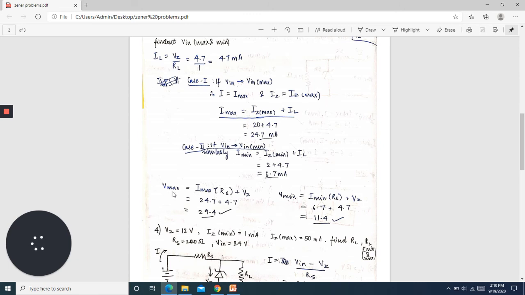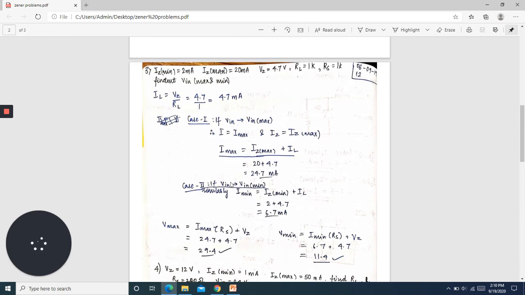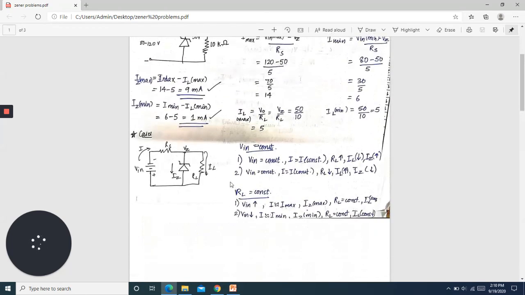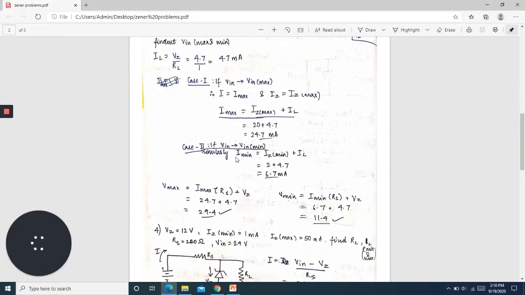So we can easily find V max, the maximum input voltage. It will be the sum of the voltages at these two points. I max into Rs will be the voltage drop across Rs, and when it is added to Vz, we get the value of Vin.